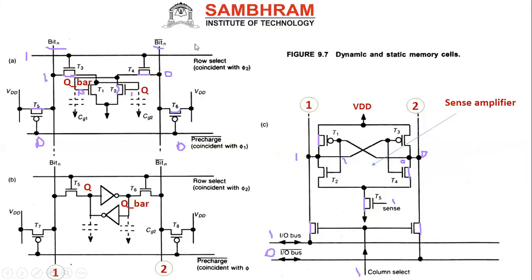Due to the row select line being high, what will happen? Both are interconnected, so when here it is 1, here it will be 0. For example, here I gave 1. Instead of 1, if it is 0, then this will become 0 and this will become 1. Automatically I get here 0 and here 1. That is what will happen.